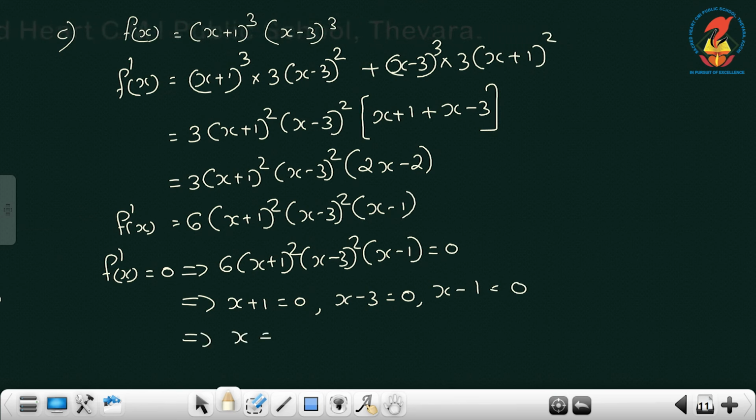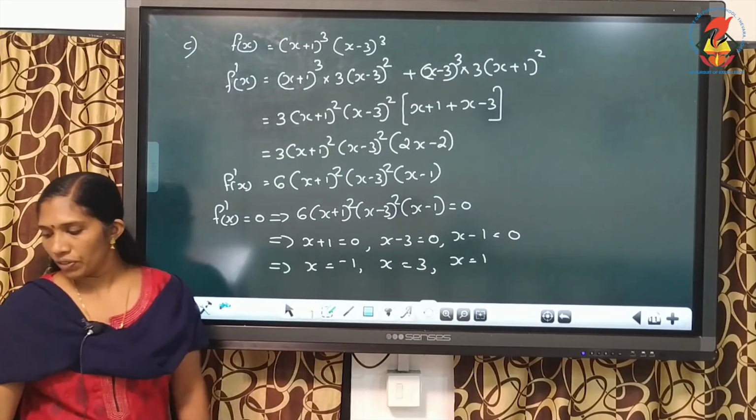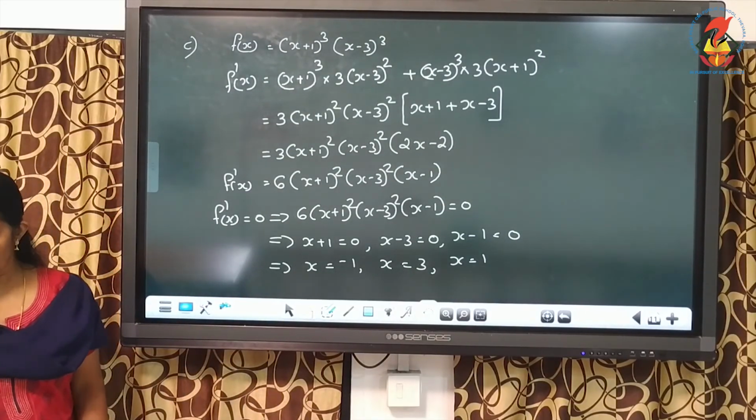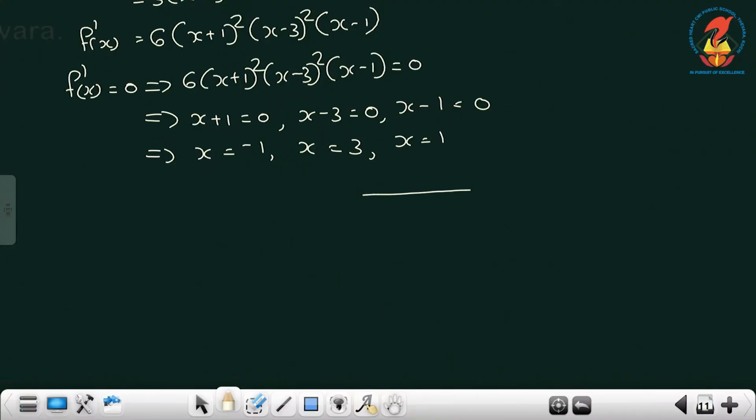That implies x is equal to minus 1, x is equal to 3 and x is equal to 1. Now what is the domain of the function? It is all real numbers. So number line, mark the points minus 1, 1 and 3.